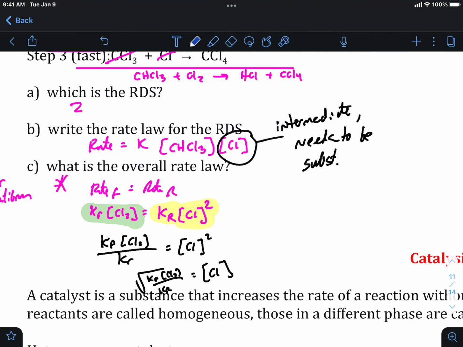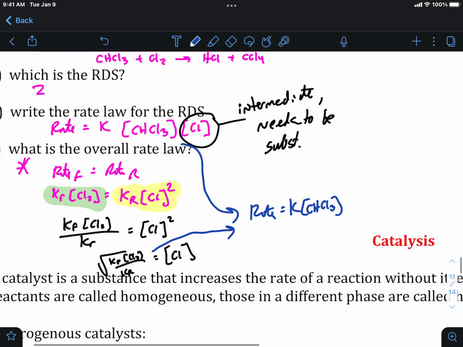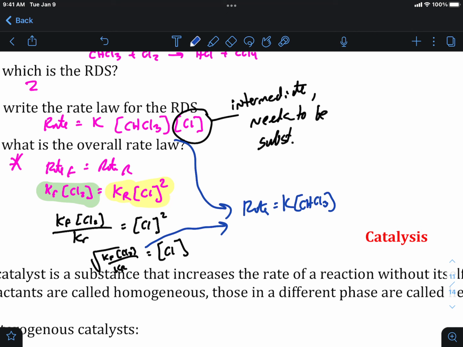So, if that's what we have to substitute, your rate is equal to K CHCl3 times, and what we're going to get here then is the Kf Cl2 over Kr raised to the 0.5, because you're taking the square root of it.